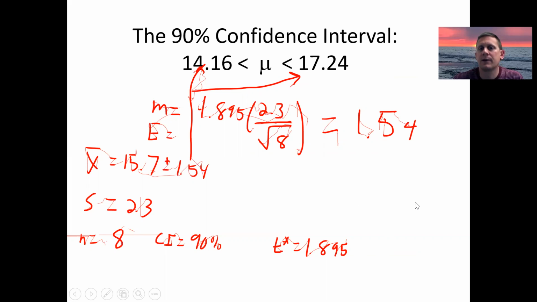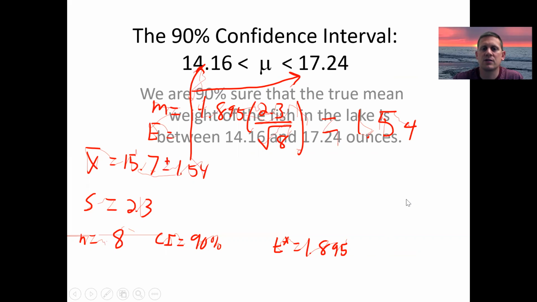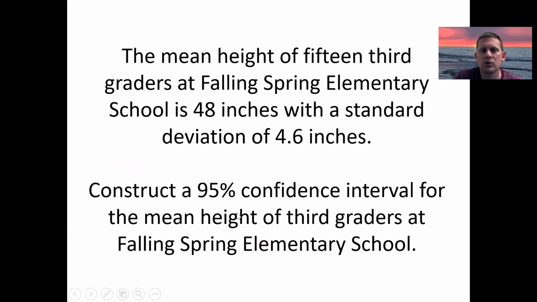That's how we calculate confidence intervals for a T distribution. And this is the interpretation of a confidence interval. We are 90% sure that the true mean weight of fish in the lake is between these two numbers. That's the way you interpret it.